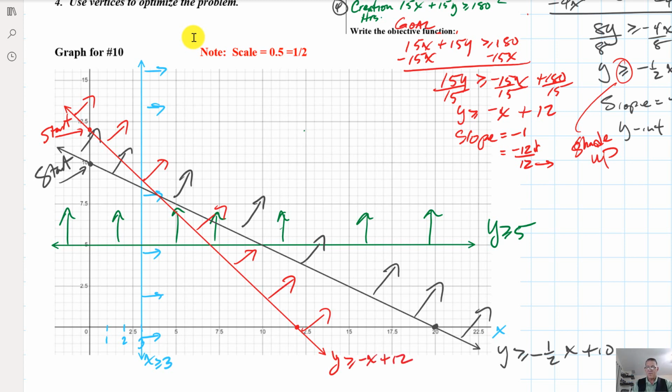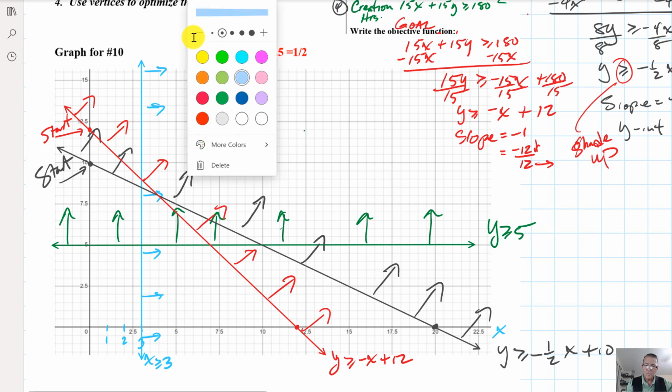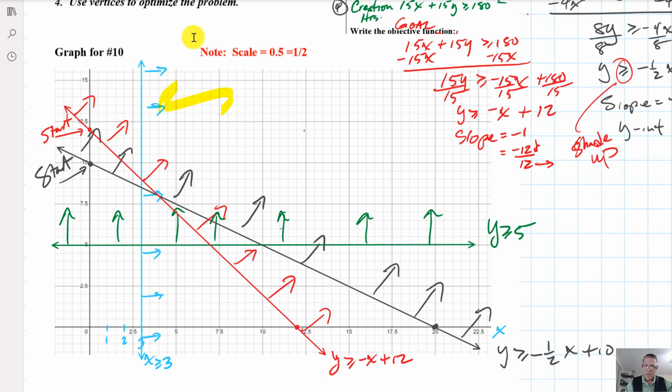And now we have to find the intersection of all the regions. We've got to be above the green line, above the black line, above the red line, and to the right of the blue line. Well, they all intersect out through here. So let's shade in the feasible region, which is your first experience of an unbounded feasible region.